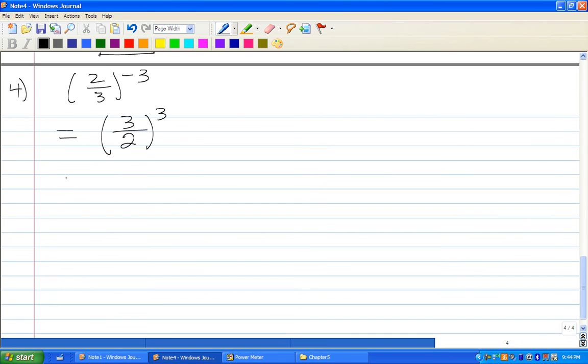And now let's use the properties of exponents to simplify this. Let's raise both the numerator and denominator to the power 3. Well, 3 cubed is 27, 2 cubed is 8, and so my answer is 27 over 8.